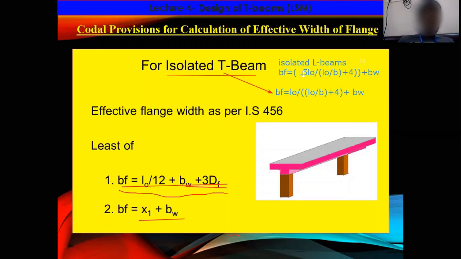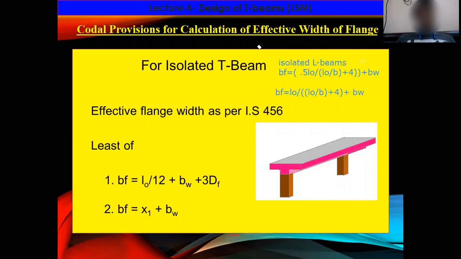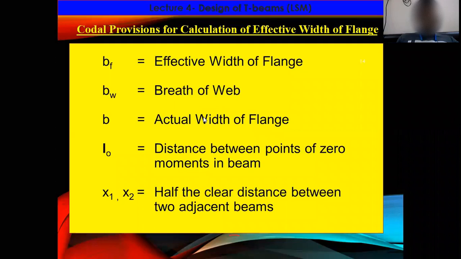So like this, you need to determine the effective width of the flange for T beams and L beams in the isolated case and the normal case. After this, what is bf?